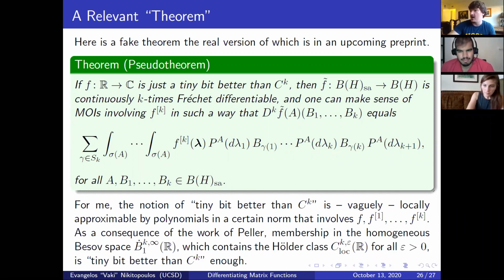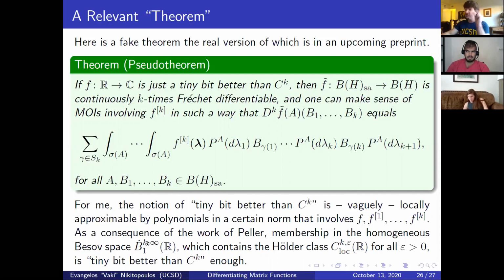And I'll just mention how close the space of functions for which this theorem holds is actually to C^k. The work of Peller and my approach to this actually tells you that this, whatever this is, homogeneous Besov space, probably that's kind of a niche class of functions, but it contains the much more common Hölder class, the C^k functions whose kth derivatives are epsilon Hölder continuous, and all of these for all epsilon greater than 0 are contained in here.